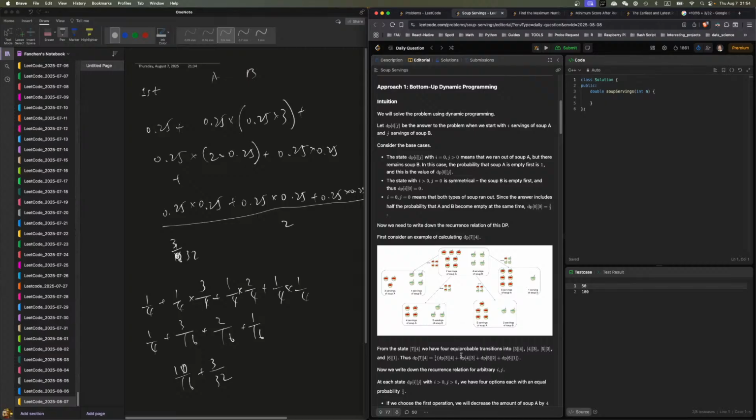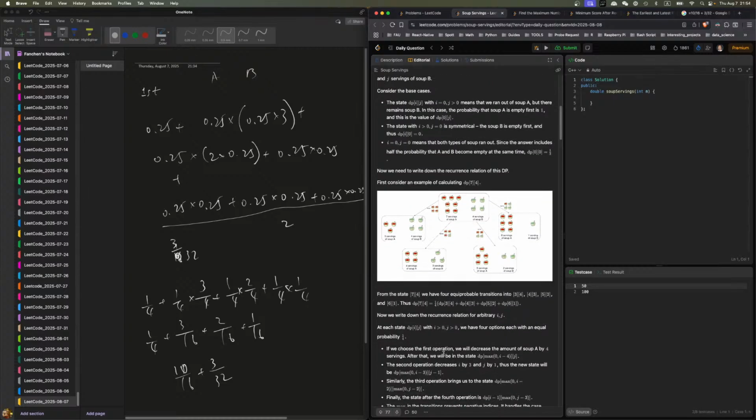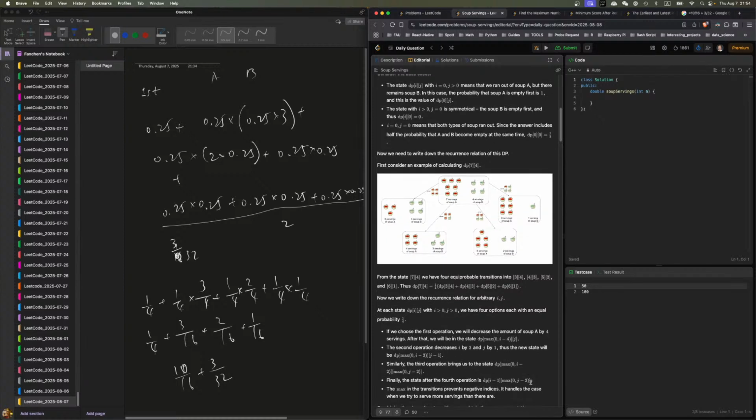That's correct. Now we write down the recurrence relationship. At each state, we have 4 options with an equal probability. If we choose the first operation, we will decrease the amount of soup A by 4. After that, we'll be in a state of this, and then this.